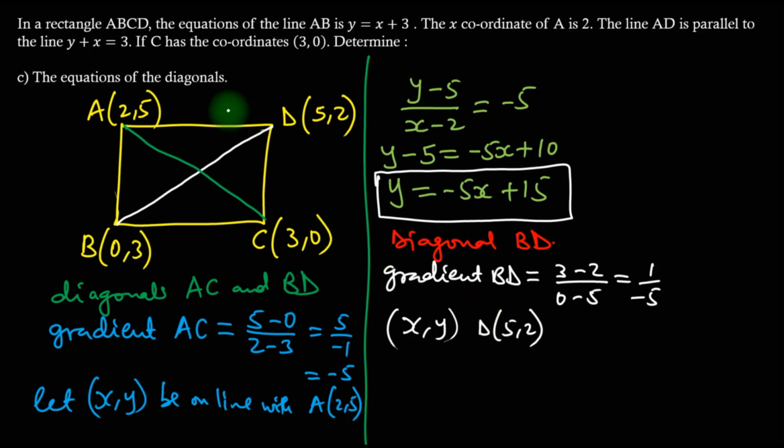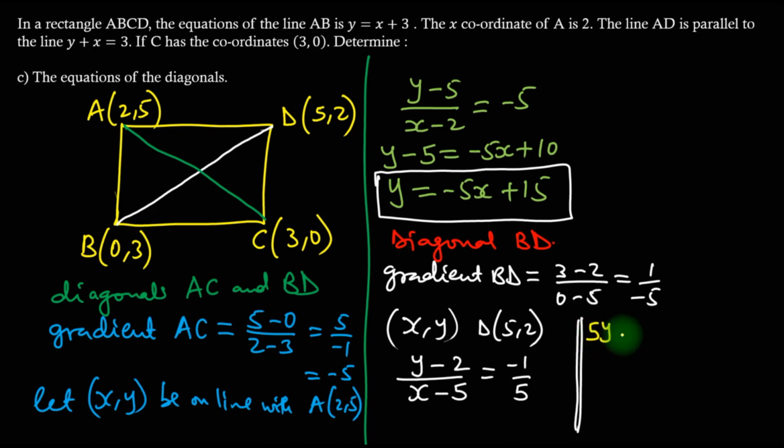Therefore, from this particular point, we have to get the equation of BD. So change in y, y minus 2 all over x minus 5, is equal to minus 1 over 5. That is the gradient. So from this, we can cross multiply.